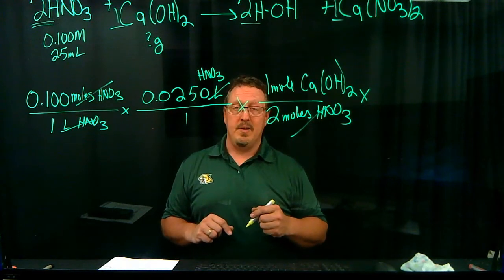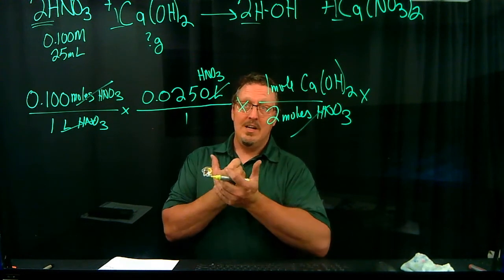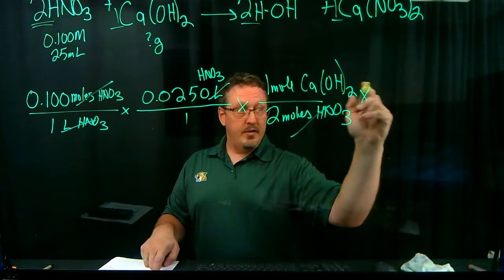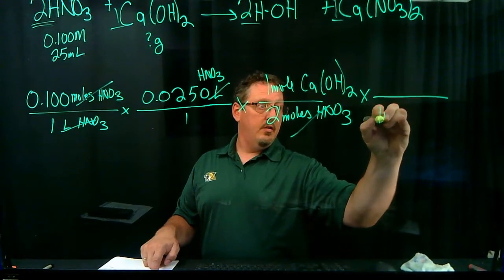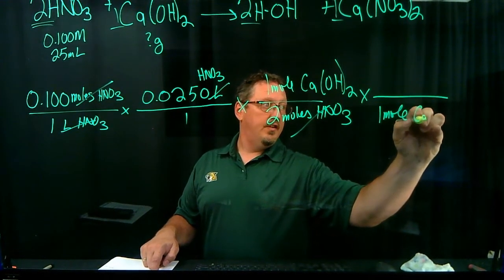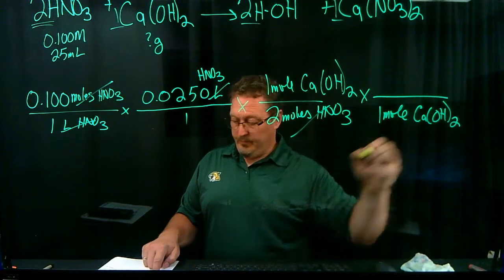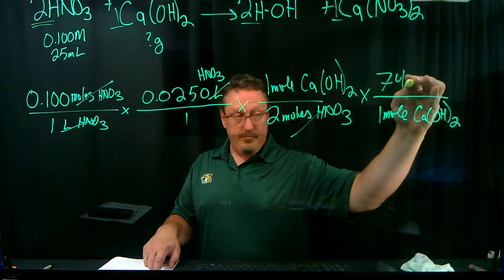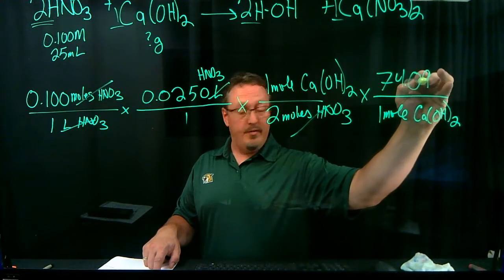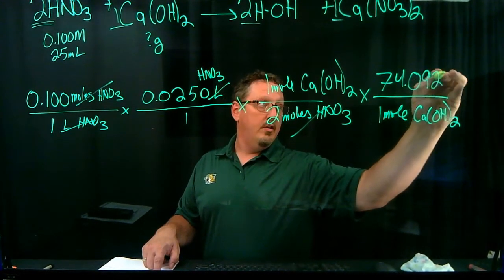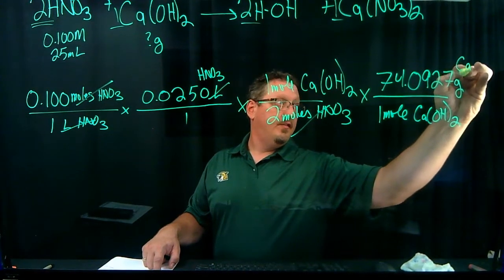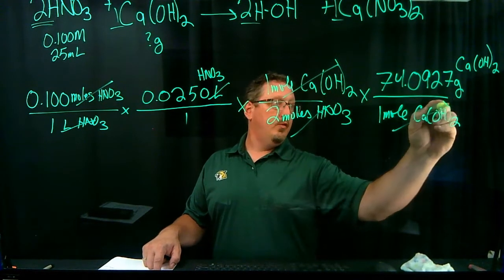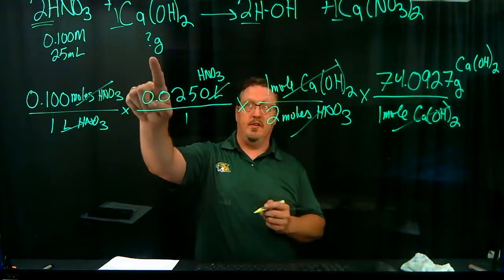We do that with your friend and mine, the Ultimate Party Planning Guide, the periodic table. We figure out calcium's mass and 2 hydroxides' mass. So 1 mole of Ca(OH)2, when I add it up, is 74.0927 grams of Ca(OH)2. Okay, so moles are gone. I'm in units of grams of calcium hydroxide, which is what I wanted.